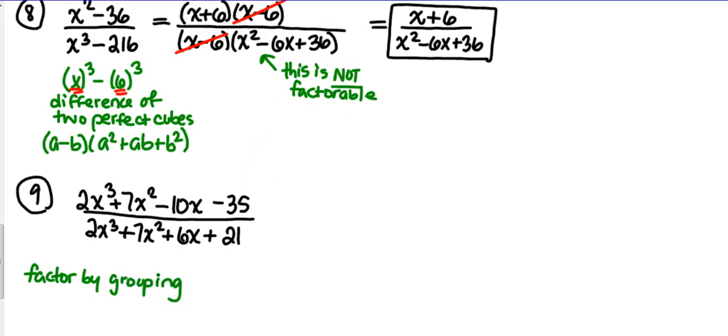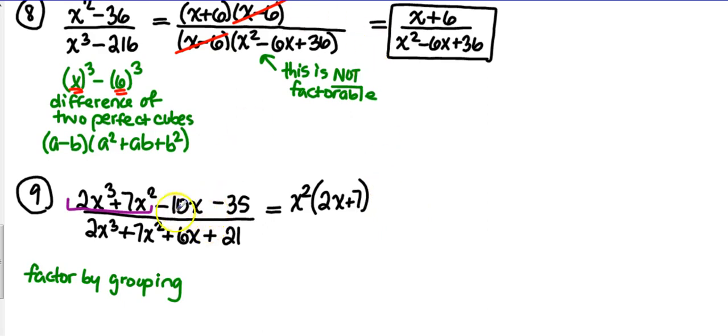So my first group, again, I'm just going to pay attention to the numerator, is 2x cubed plus 7x squared. What can I factor out of that first group? I can factor out x squared. That will leave behind 2x plus 7.